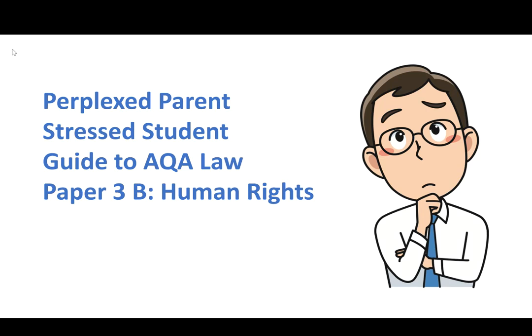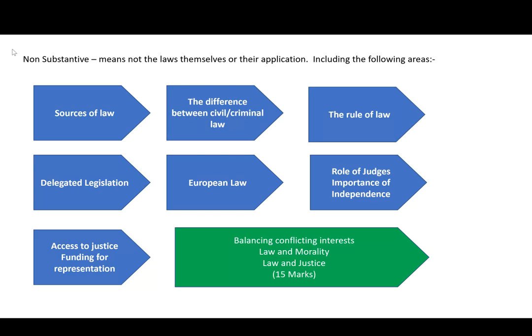First of all then, let's have a look at the content of the paper, specifically the kinds of areas of non-substantive law that are being covered. So here's a list of what AQA have said will be covered on the paper.